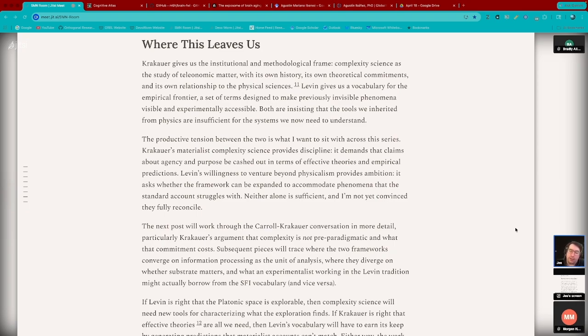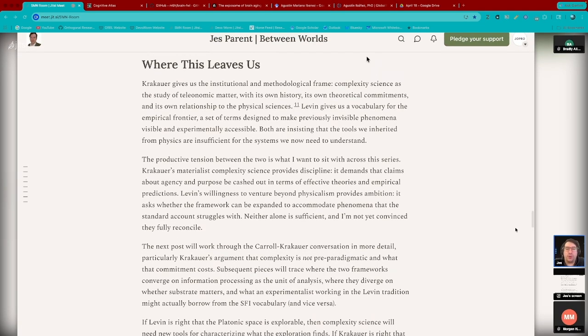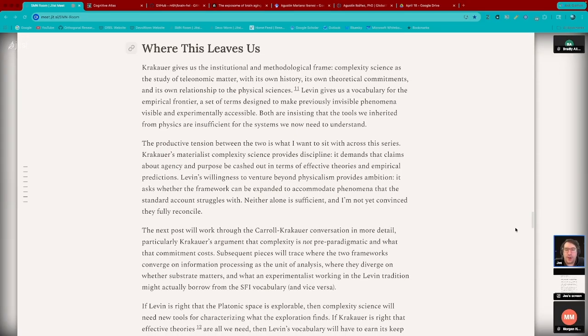Navigation, selection and choices, and this alternatives idea, like the comprehension and existence of affordances, all these topics. So navigation, alternative selection, choices, and there's this underpinning thing of what Levin and Krakauer are doing about complexity science, about teleonomic matter.